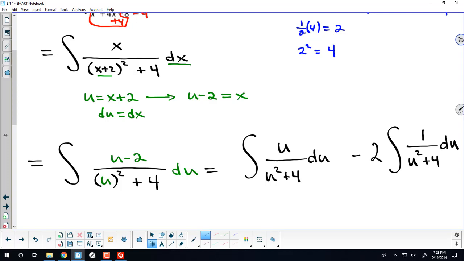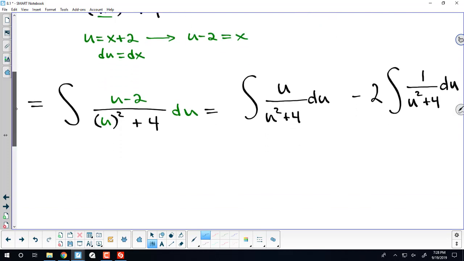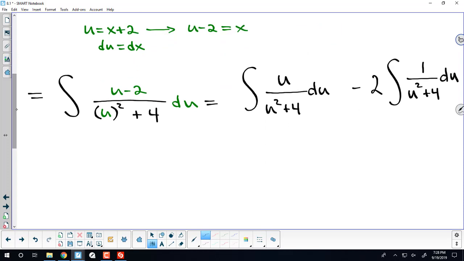So the first one, as we've noted, is a u substitution, right? Function, derivative up top. So this is the same old thing we've done. If we have a 2 and a 1/2 there, now that's in logarithmic form.